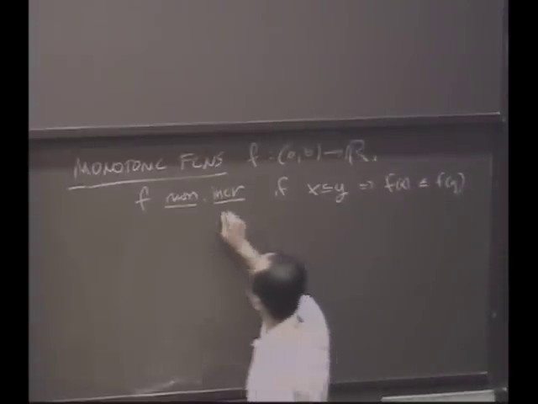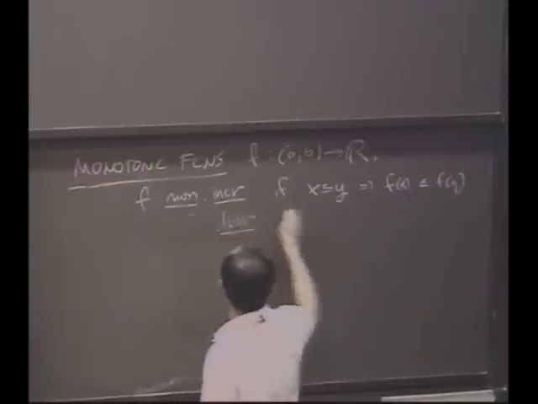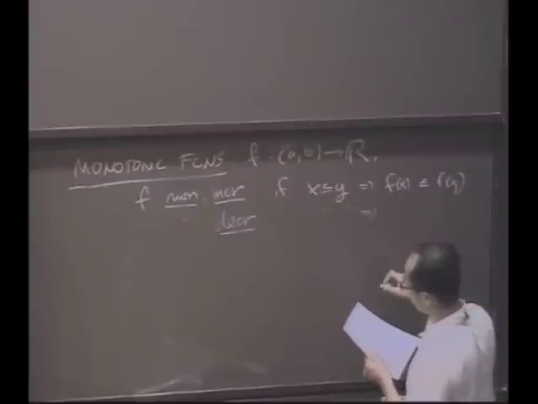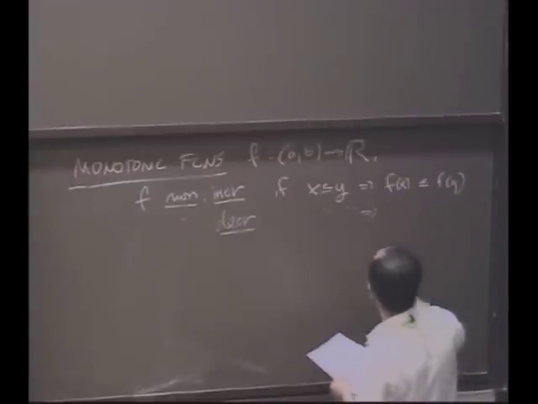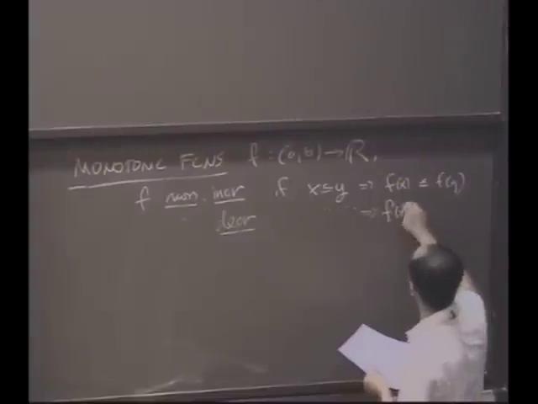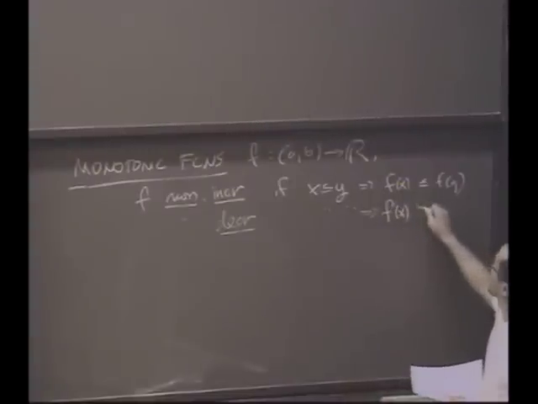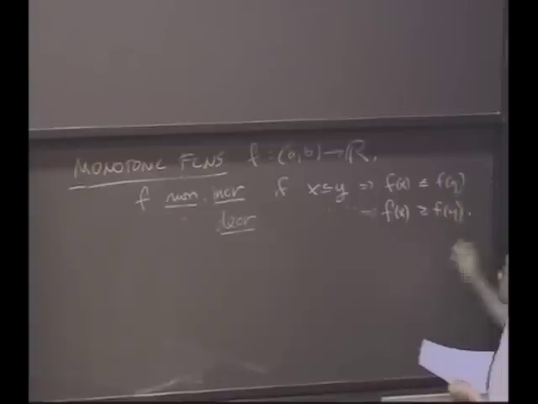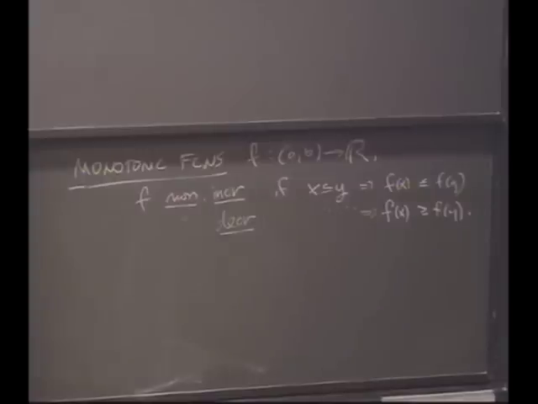We're going to say f is monotonically decreasing if x less than or equal to y means what? f of x is bigger than or equal to f of y, right? Okay, good.